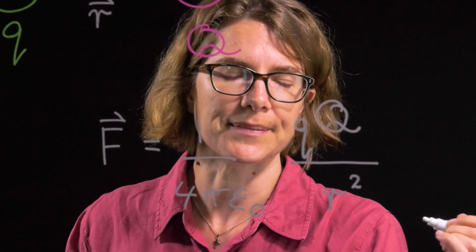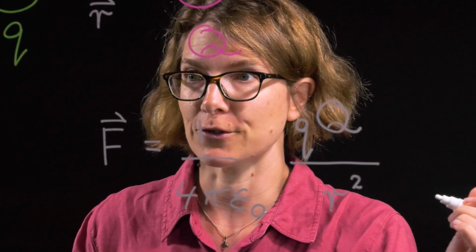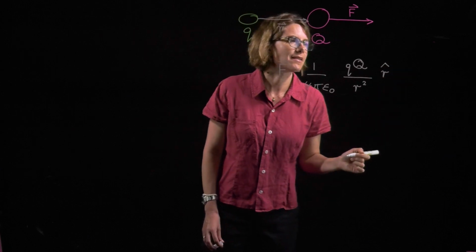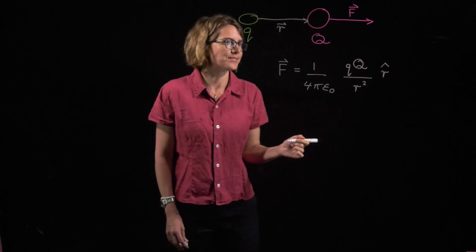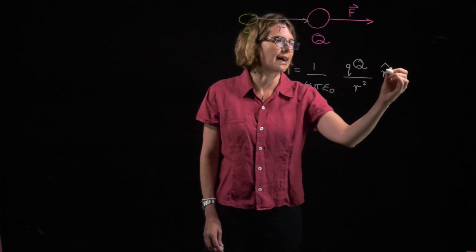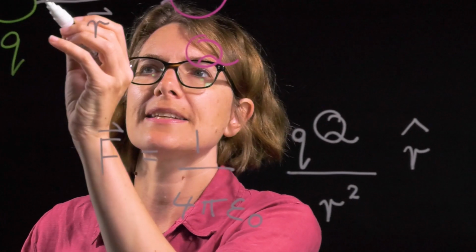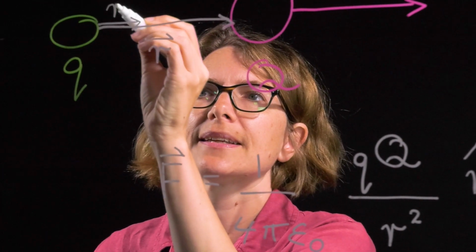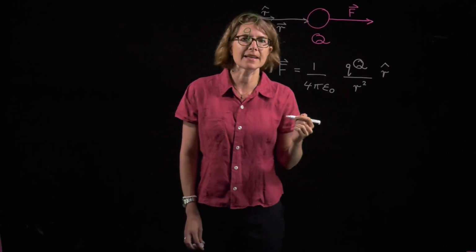But it's a vector, isn't it? So it's got to have a direction too. I'm going to use the unit vector r. We'll call that r hat. That's the vector that is parallel to our displacement vector, but it has a length of 1.